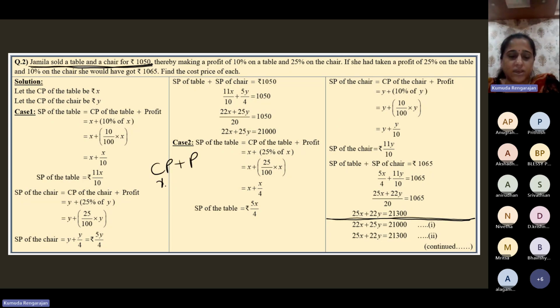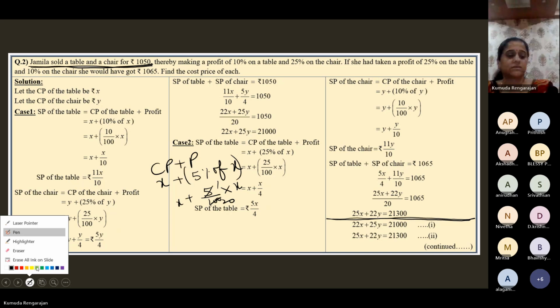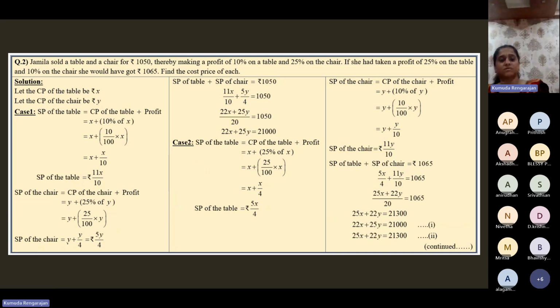So if cost price is X and the profit is 5%, it means it's 5% of X. Percentage, 5% of the cost price. 5% means 5 by 100, of is into X, X plus. Then this is X by 20, and you should take the LCM and work out the selling price.